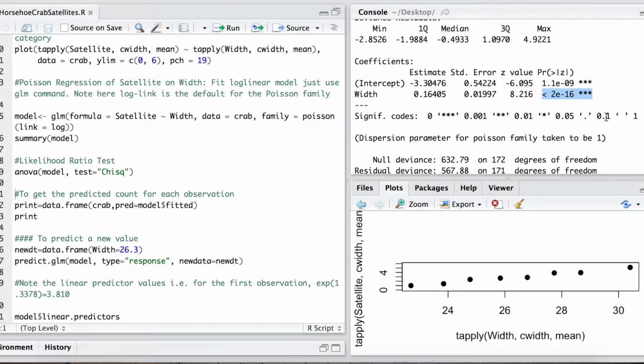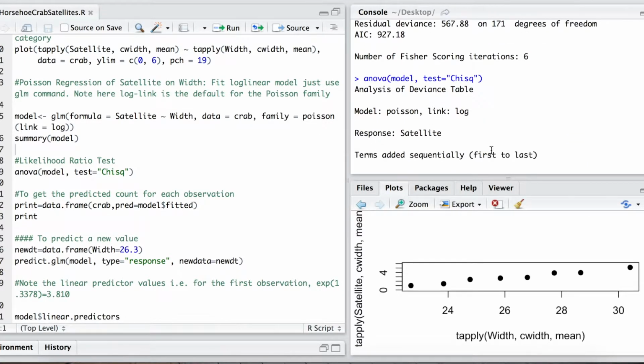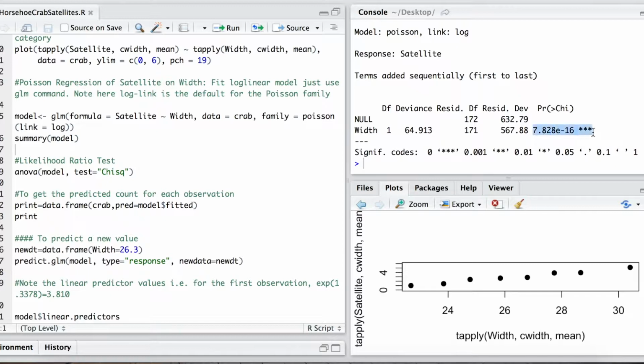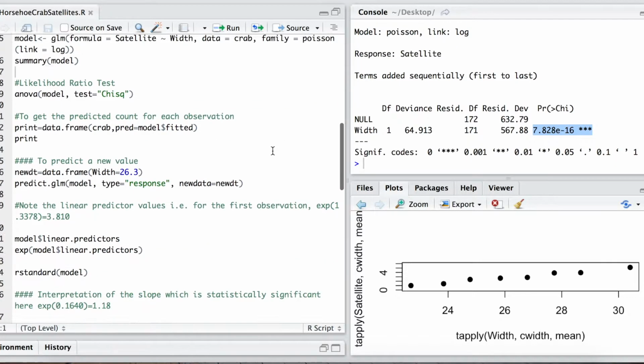Thus, we conclude that there's a significant, positive linear association between the number of satellites and the width of carapace under our null hypothesis, which is beta equals 0. And also the ANOVA has a very, very small p-value too, so we have the same conclusion.